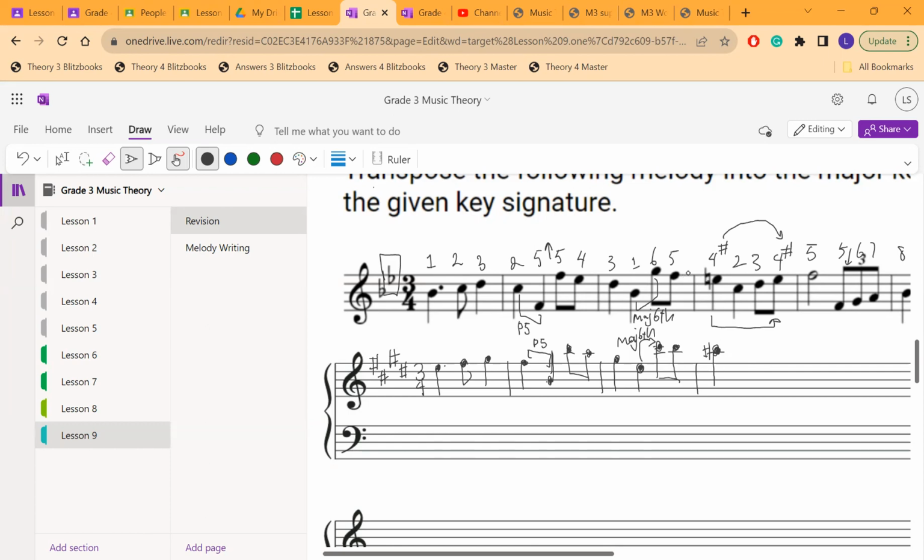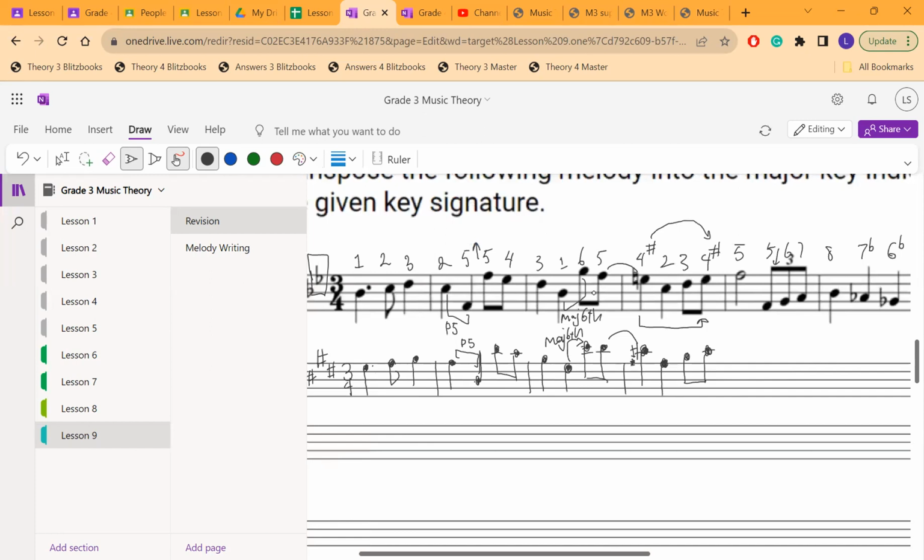If you want to double check, F to E is a semitone, so that means B to A sharp has to be a semitone. And yes, indeed it is. F, G, 4 sharp. We don't need to put another sharp there again because the sharp has already been in the bar.